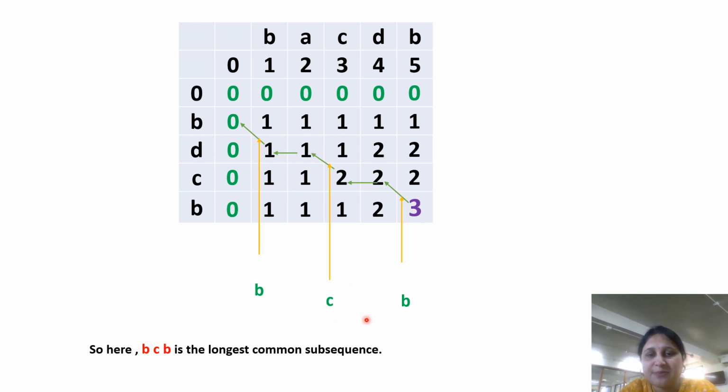Hence I have put up C. It means C is the second character of our longest common subsequence. Now next, how have we got this one? By adding 1 to this diagonally present 0. So 0 plus 1 is 1, meaning this B is also a part of the longest common subsequence. So students, for our previous example, BCB is the longest common subsequence that we have got here.